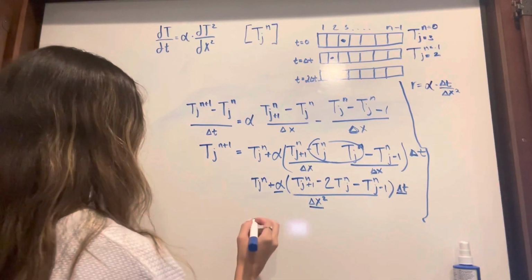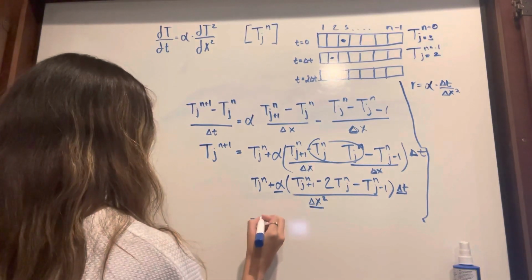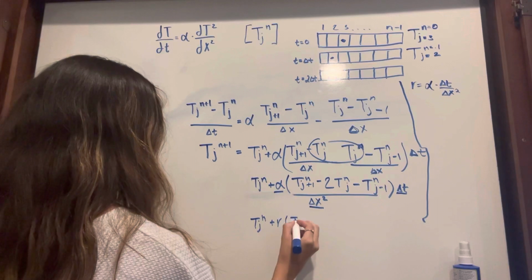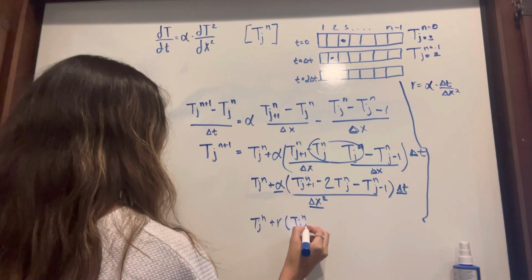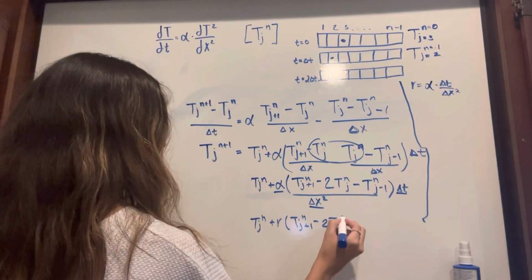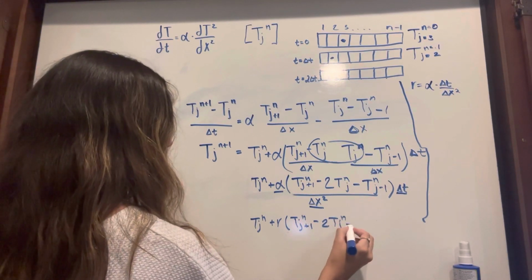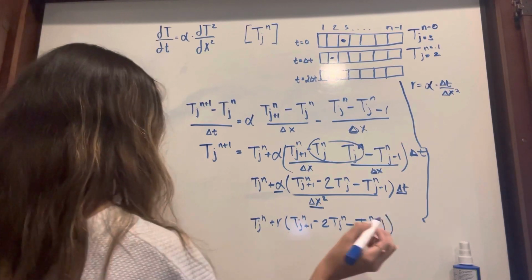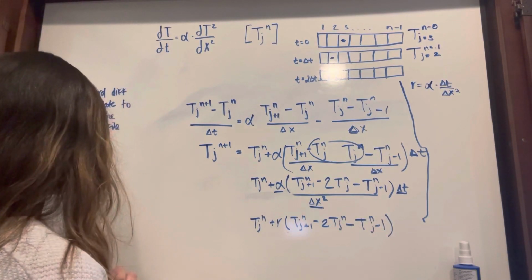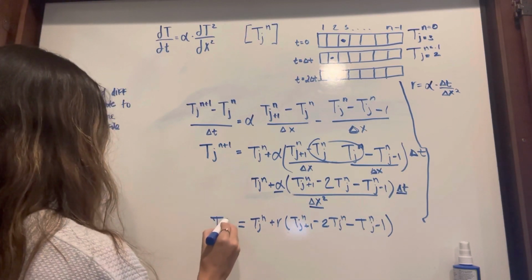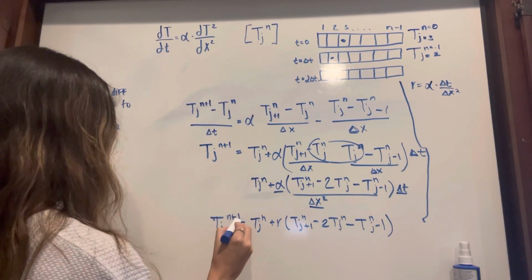So we can rewrite this as Tjn plus R times T n j position plus 1, minus 2 Tjn, minus T n j minus 1. And that is equal to this one.